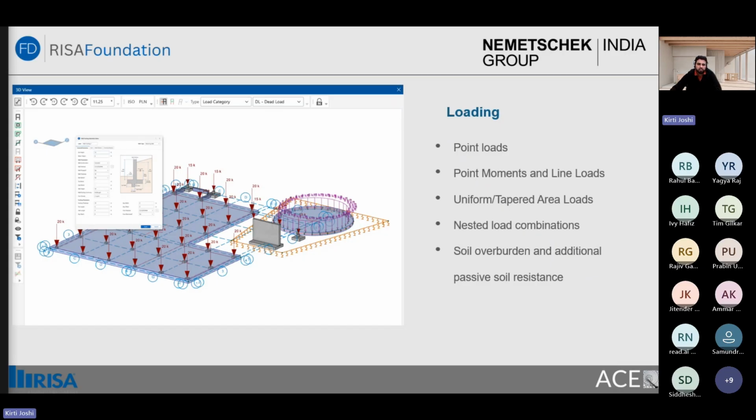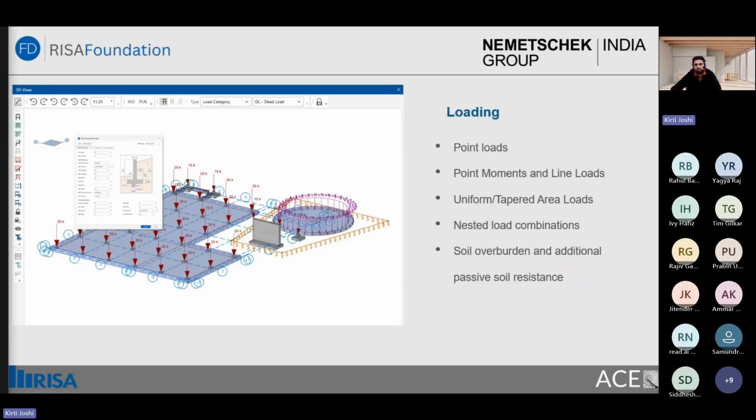You can also see the nested load combination mentioned here. You can define nested load combinations. Currently the combinations spreadsheet in RISA Foundation is limited to 10 columns of basic load cases and factor combinations. However, there may be times when you need to include additional entries in your load combination.